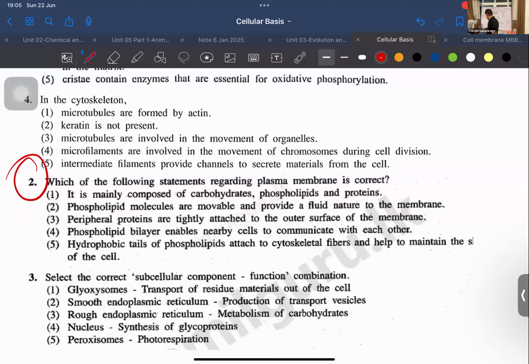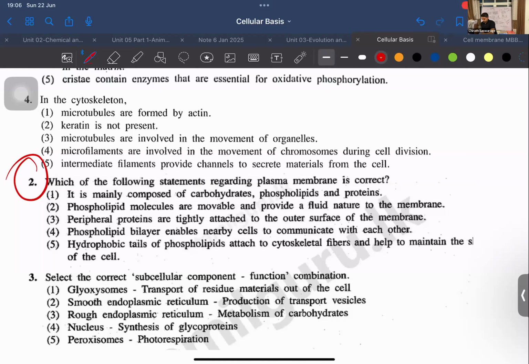Where are the answers? Other people. What about others?